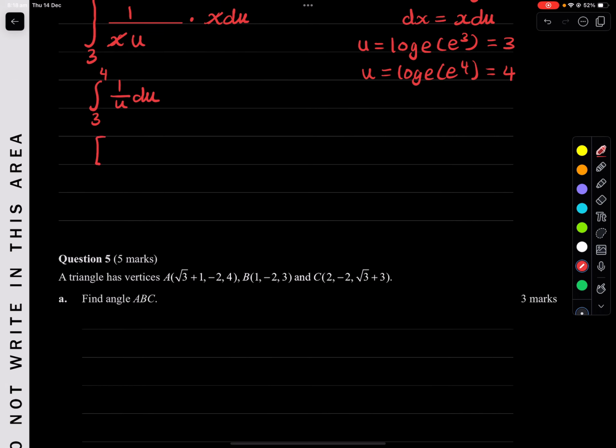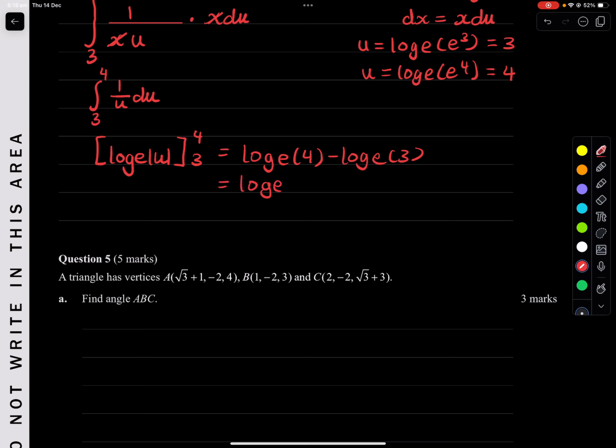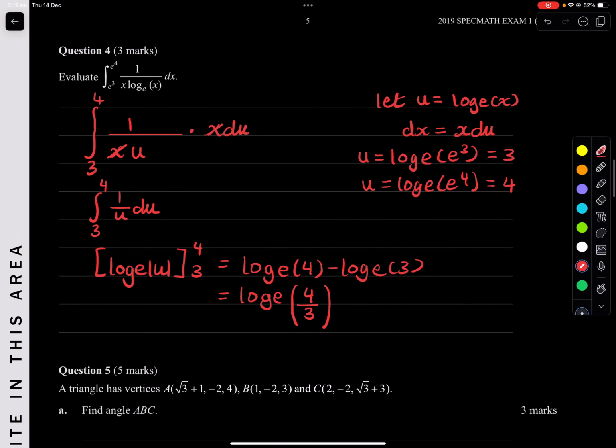It's just log e absolute value of u from 3 to 4, which is log e of 4 minus log e of 3. Hence your final answer, log e 4 over 3. That's it. Done.